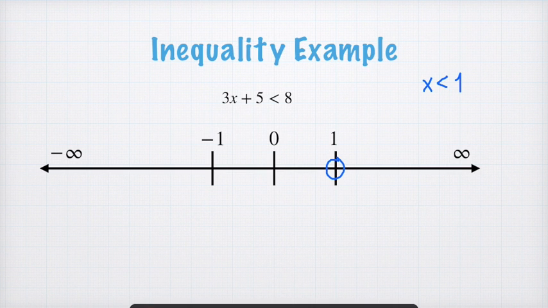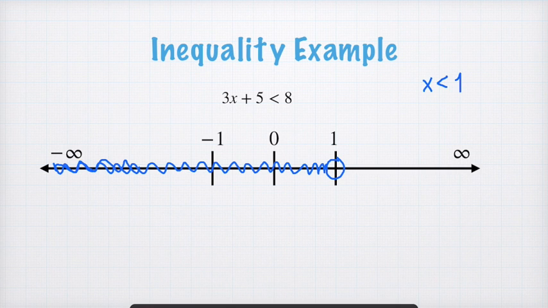If you plug that in, 3 times 1 is 3, plus 5 is 8. 8 is not less than 8, so if we put in anything lower than that, we know it's okay. If we put in 0, 3 times 0 is 0, plus 5 is 5, so 5 is less than 8, and that's true. And then we're just going to shade in everything below that.